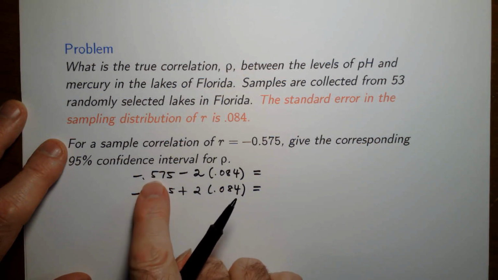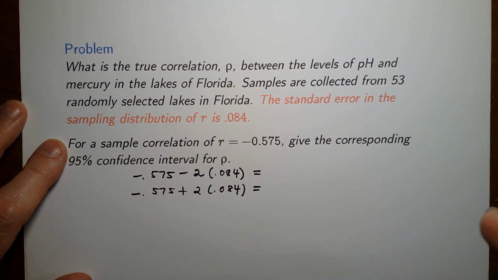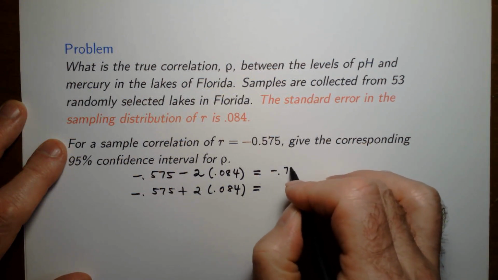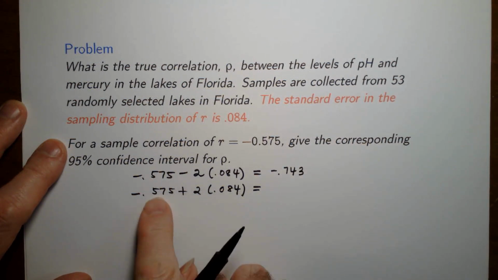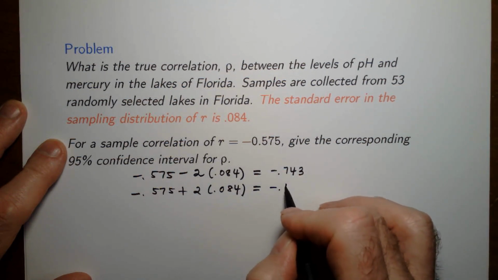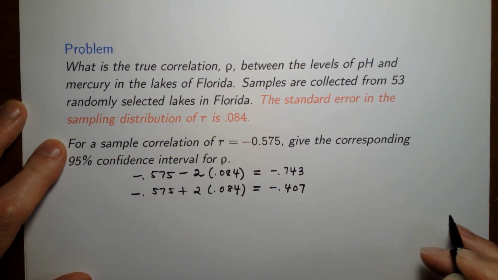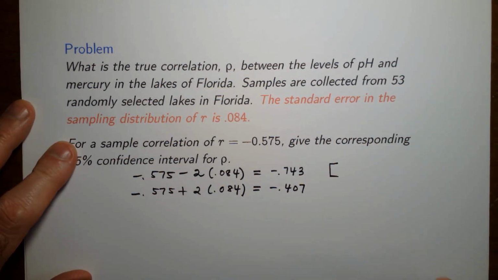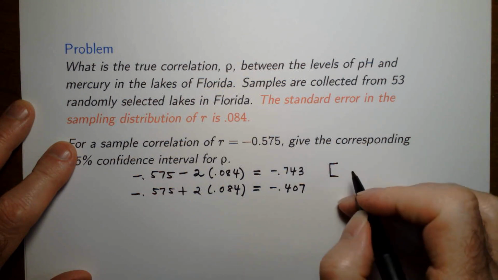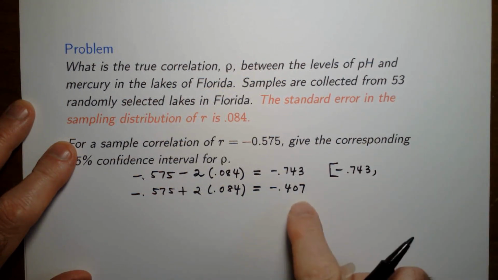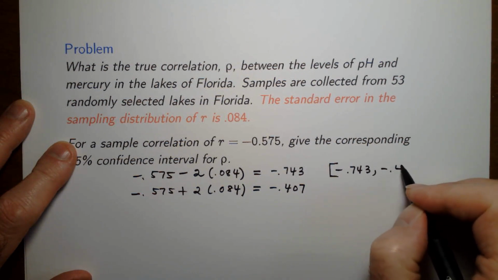And these calculations we can do relatively easily. When I take negative 0.575 and subtract 2 times 0.084, I get negative 0.743. And when I add 2 times the standard error, I'm going to get negative 0.407. So our confidence interval is simply going to be what I get when I go from the smaller, negative 0.743, up to the larger, negative 0.407.